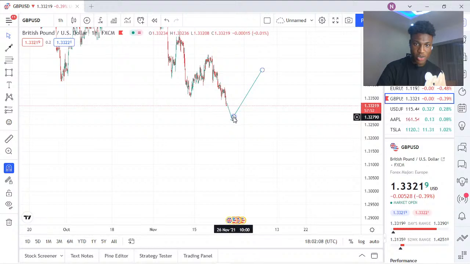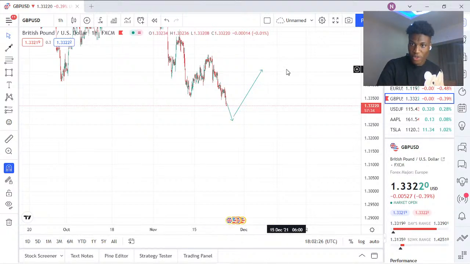But once market gets to your entry point where you placed your buy limit, it's going to be active. And if market starts to push upwards, you're going to be in profit. Because why? You placed a buy order, right? So if you place the buy limit order and market is moving up, you're in profit because market is buying.